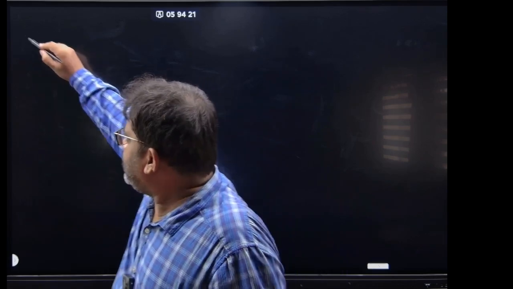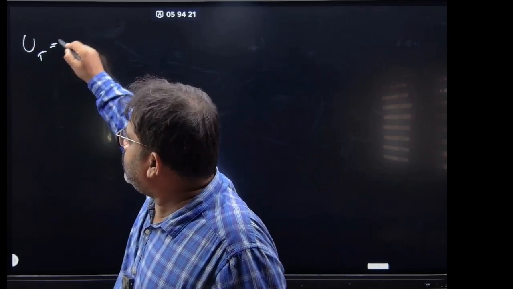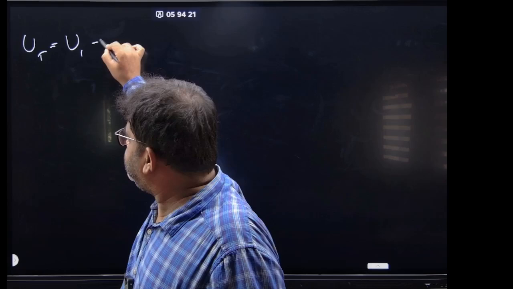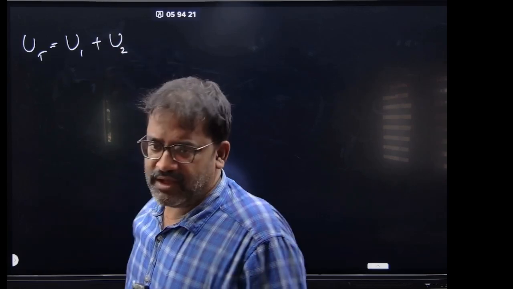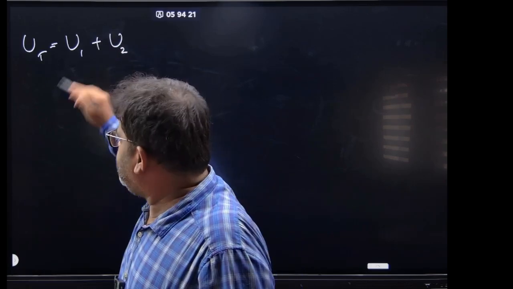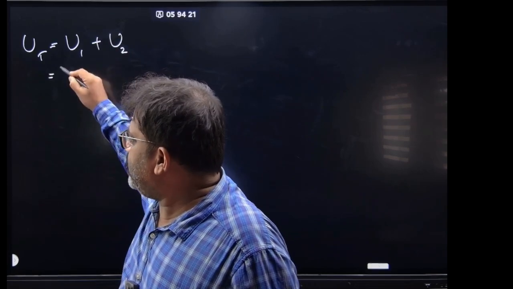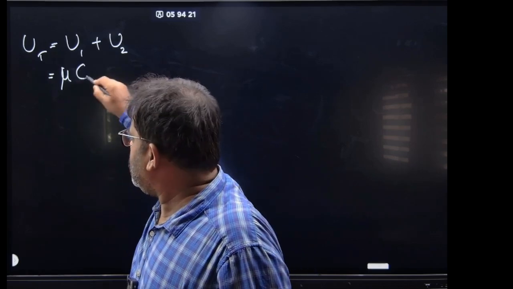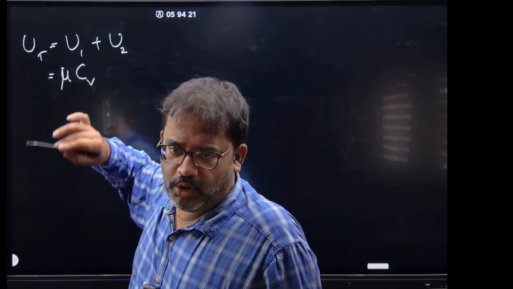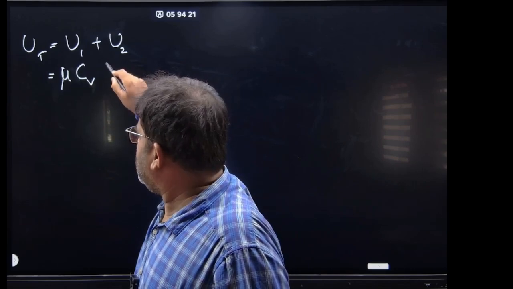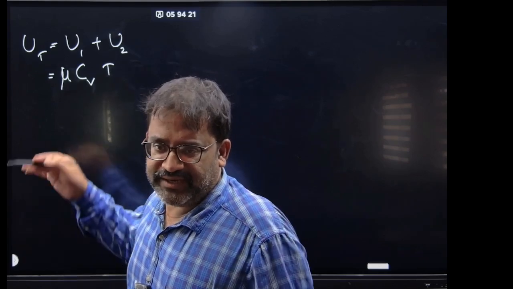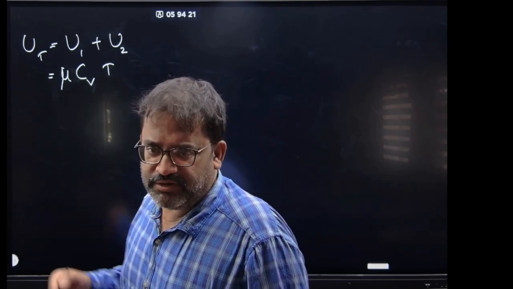Now remember, total internal energy is equal to the total internal energy in the first gas plus the total internal energy in the second gas. This internal energy is given by the number of moles times the specific heat at constant volume times the temperature change delta T, which you can take as T, because it is T minus 0.